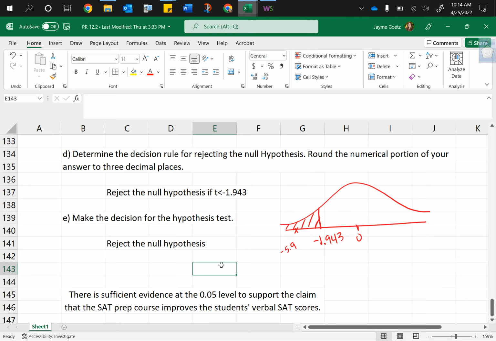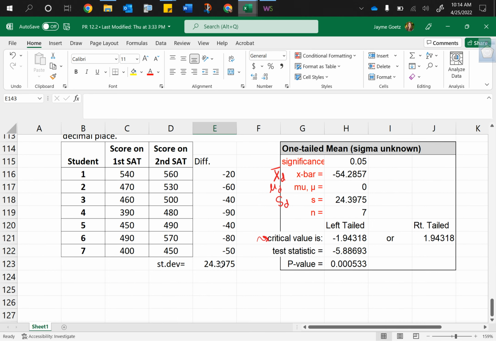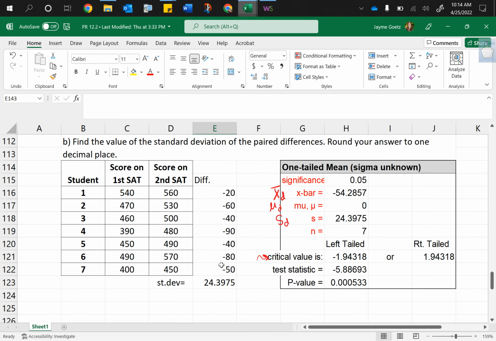Now guys, here's the thing. If I were to give you that table, just the table, and I were to say, okay, here's 7 students. Here's the score on the first SAT, and here's the score on the second SAT. And I tell you, in between those 2 tests, they took a prep course. Do you think it helped? Just by looking at the scores, what would you say? Yeah, you can see that their scores went up.